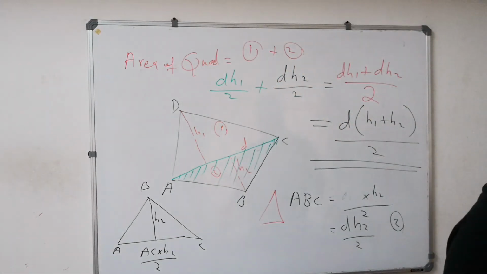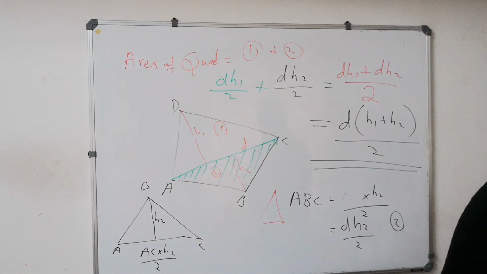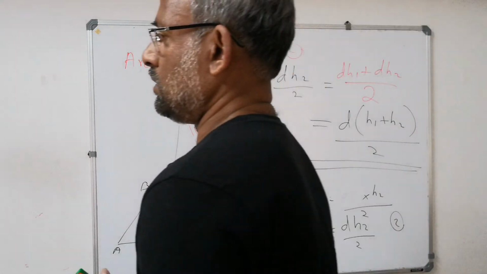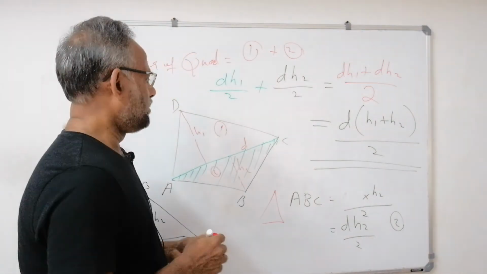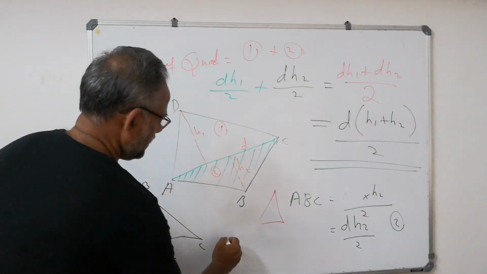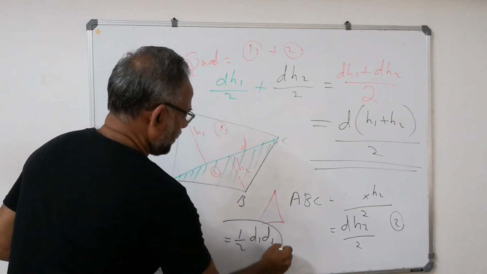So there is a very easy formula for that. I am telling the formula. Next class we will study that. Area of a rhombus: we know a rhombus is a parallelogram, a quadrilateral, and it has two diagonals, D1 and D2. Area of a rhombus is equal to D1 into D2 by 2.